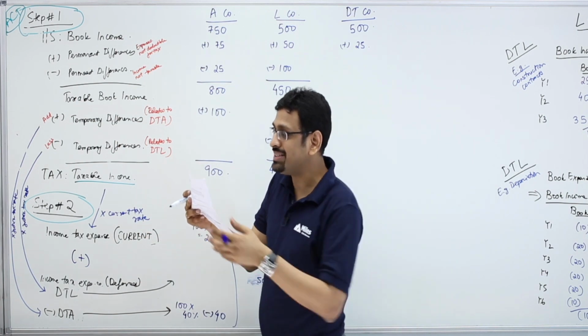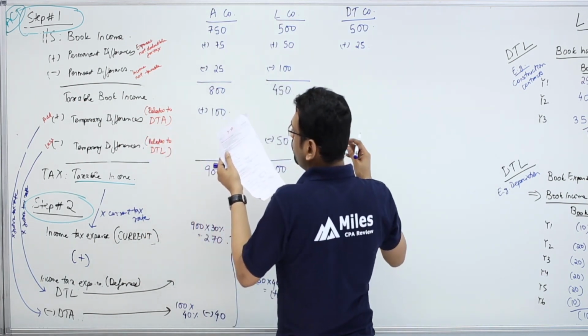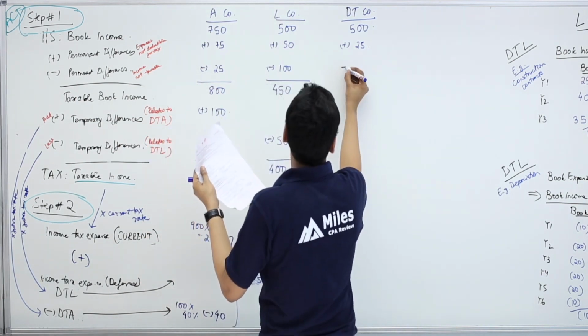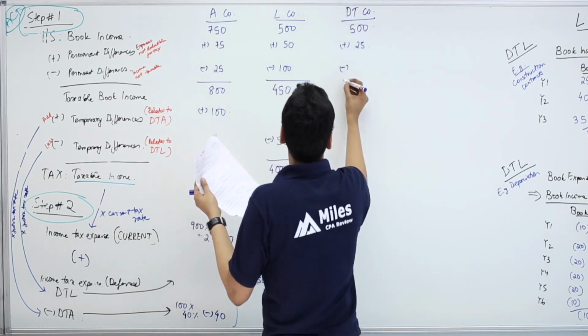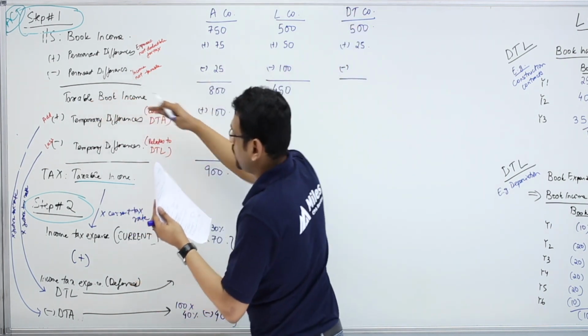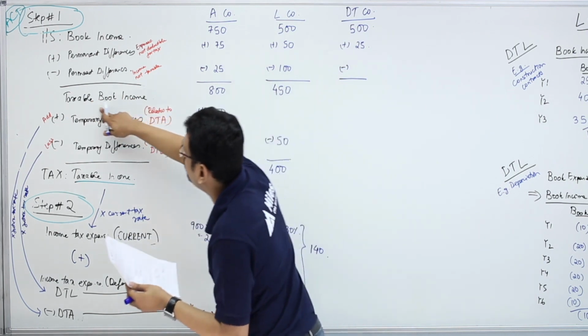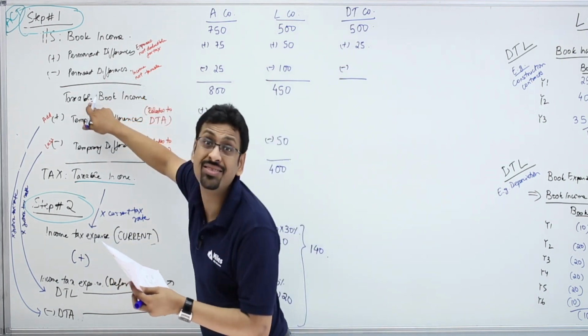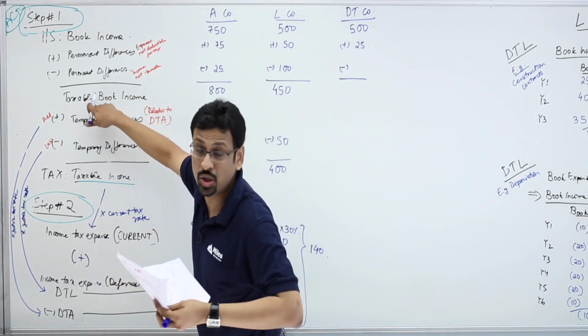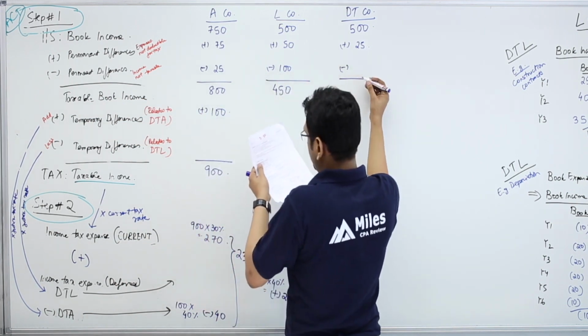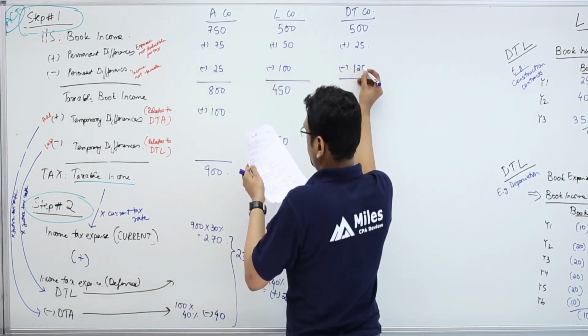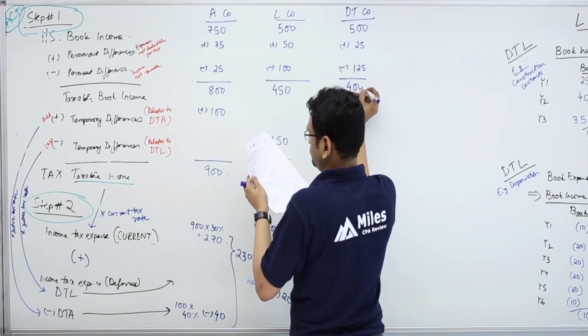So that's the tax exempt interest on muni bonds. So you got to reduce that from your pre-tax book income to get to taxable book income. So this is the portion of the book income which the tax authorities are concerned with now or in the future. So this is minus 125 gives you 400.